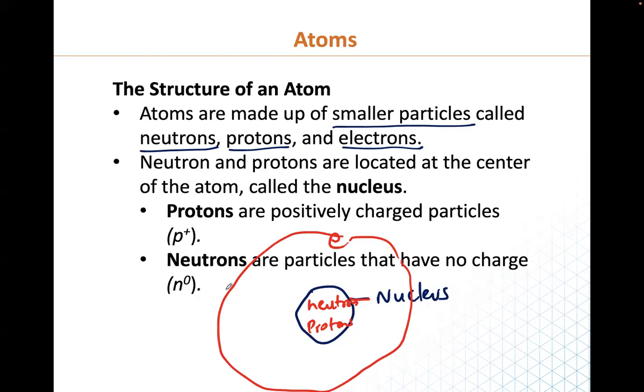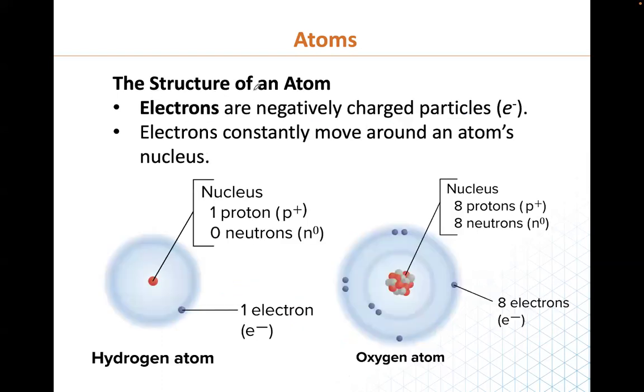In the structure of an atom, electrons are known to be negatively charged particles, which is why they wrote e negative. Electrons constantly move around an atom.